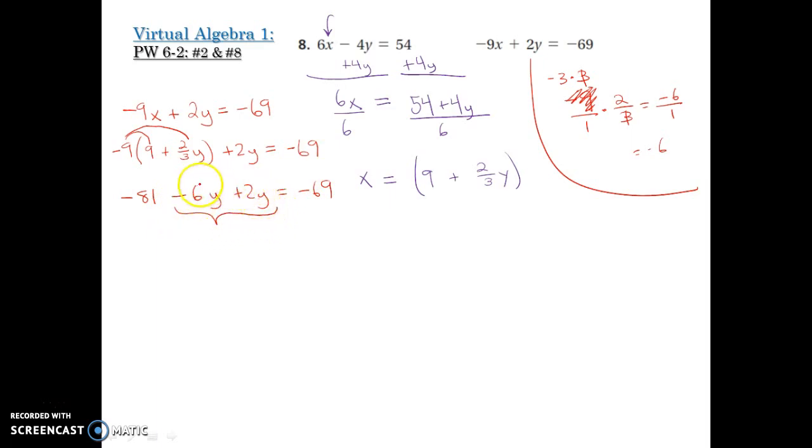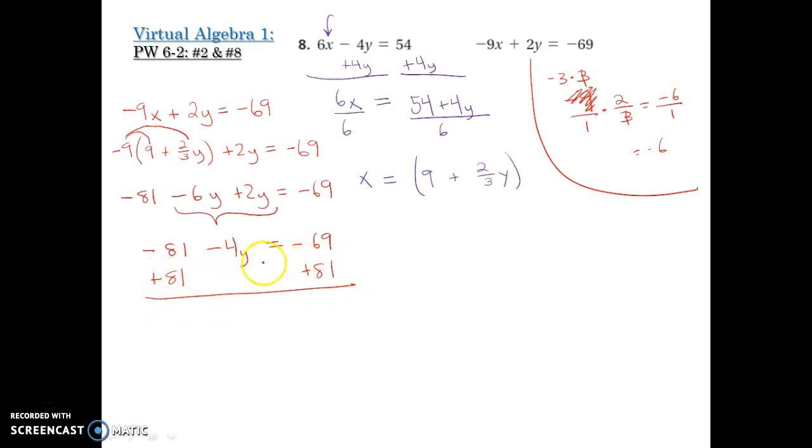Now I've got like terms on the left side. Since they're on the same side, I can just put them right together. Negative 6 plus 2 is negative 4, so that's going to be negative 4y. And I still have negative 81 minus 4y equals negative 69. My goal is to get y by itself, so I need to add 81 to both sides.